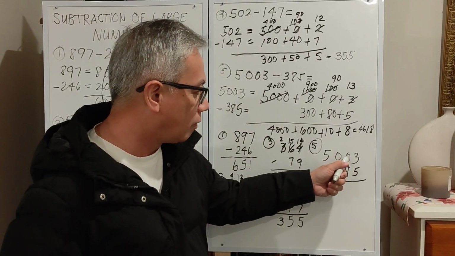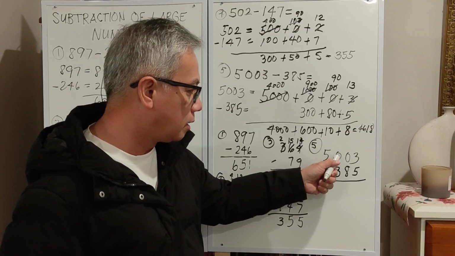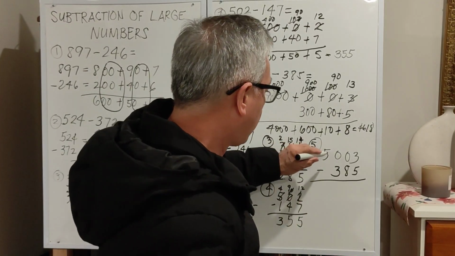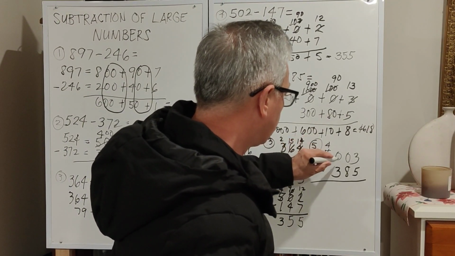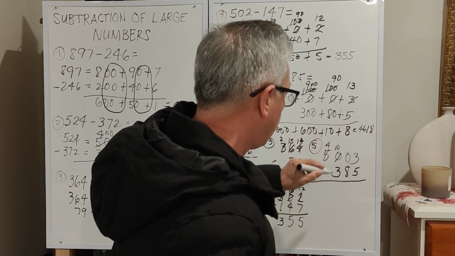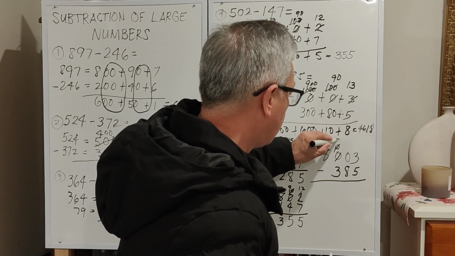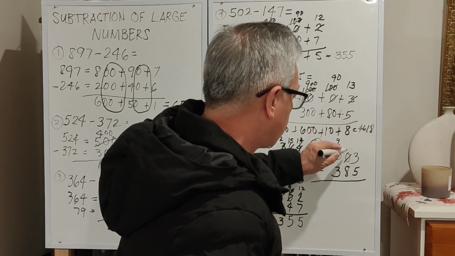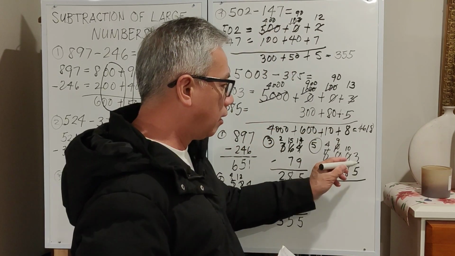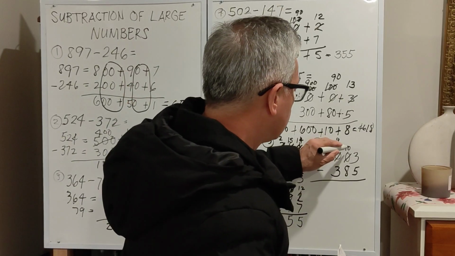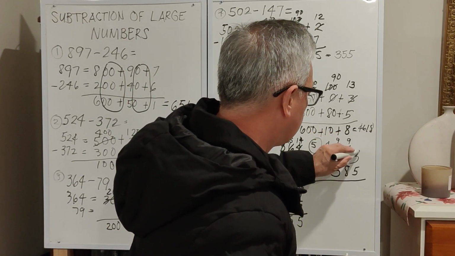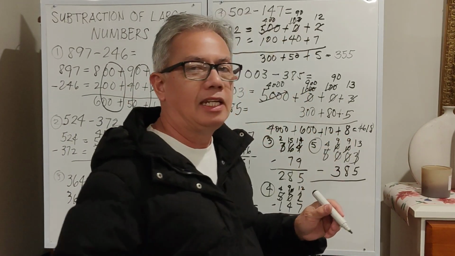So 3 has to borrow from here, this one has to borrow from here, and this one has to borrow from here. So 5 becomes 4, so 0 becomes 10. Now this one can borrow from here, so this one becomes 9. So 0 becomes 10. Now 3 can borrow from 10, so 10 becomes 9, and then 3 becomes 13.